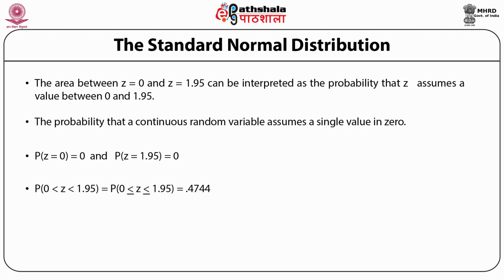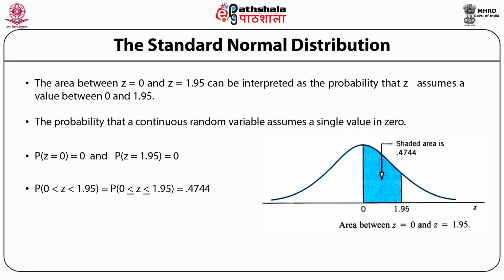Now plot this area in the bell-shaped curve. So figure 6 is the area between z equal to 0 and z equal to 1.95. The shaded area is already done for 0 and 1.95.